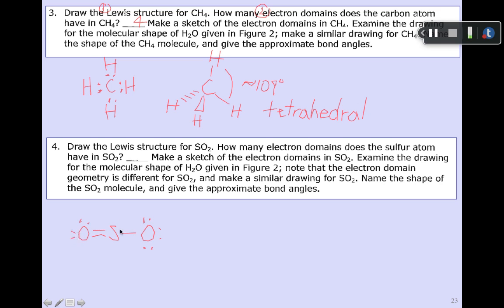The other side with the double bond will have 2 lone pairs on oxygen, and then a lone pair on the sulfur. That ends up with the proper number of electrons for this structure, which is 18 electrons.